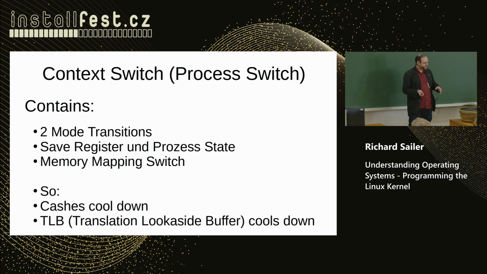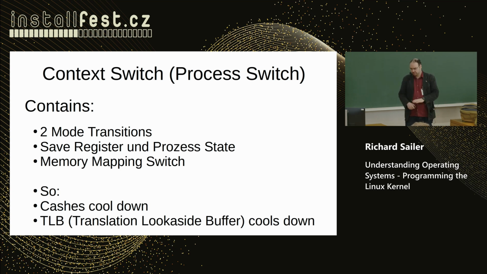And that is quite expensive, and it also means that all your caches cool down, because the caching was relative to the virtual memory addresses of the first process, so it's useless now. And also the TLB, the translation lookaside buffer, a cache that helps in resolving virtual memory addresses to physical addresses, which is also very important for performance.